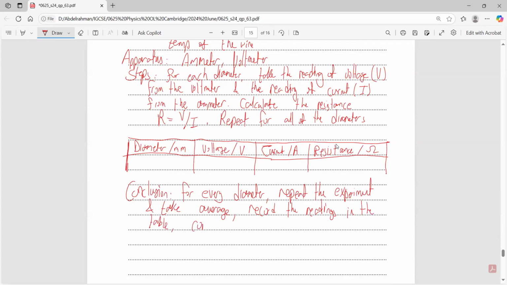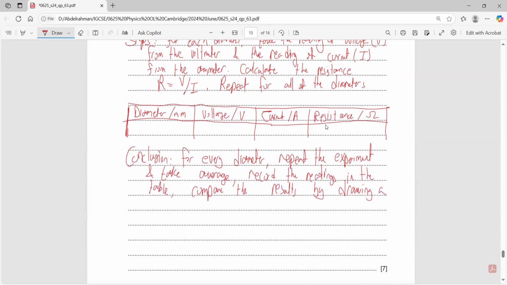And then how can I compare the results? Compare the results by drawing a graph, or by plotting a graph of the diameter versus the resistance. Okay, that's it.